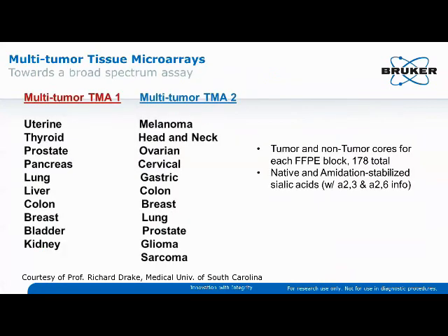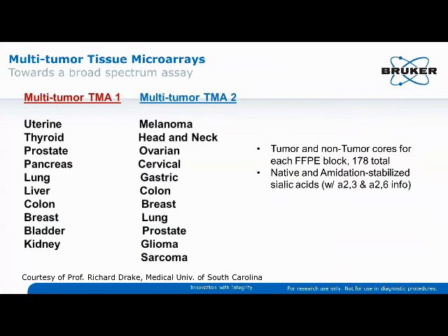One of the goals in terms of eventually taking this technique into something of clinical relevance is to be able to look at large numbers of samples and make quick classifications based on single biopsy images against large libraries. One way of generating these larger libraries is looking at multi-tumor, multi-tissue TMAs.